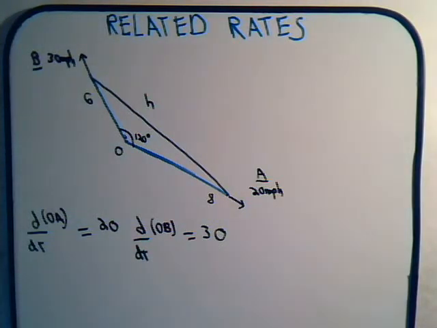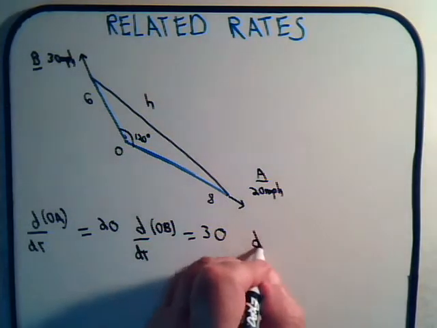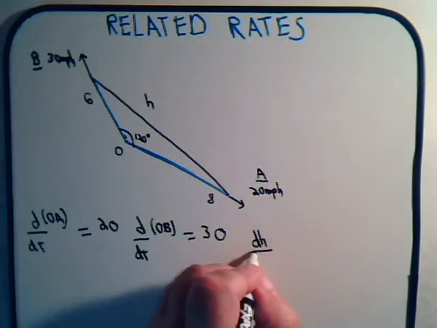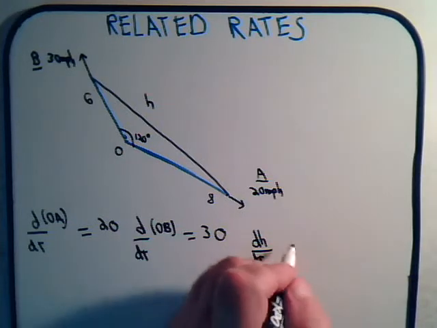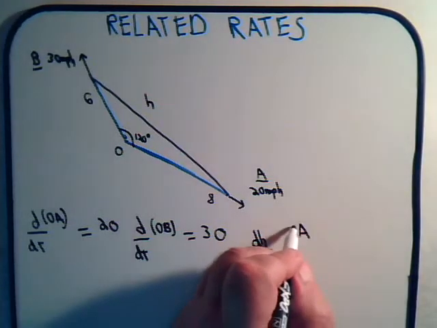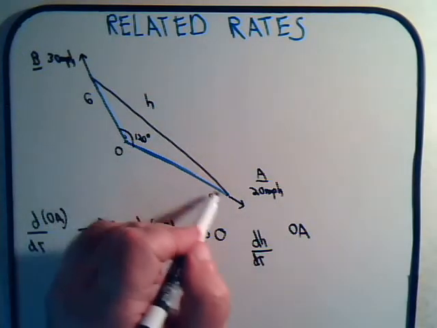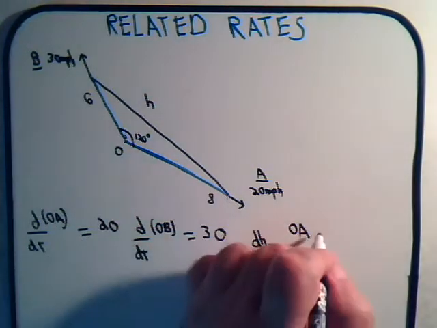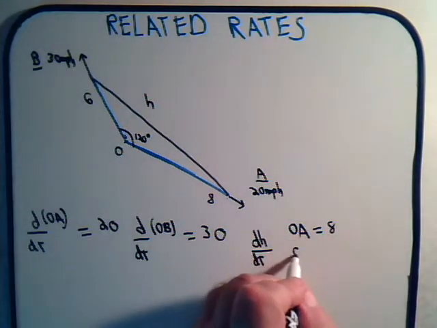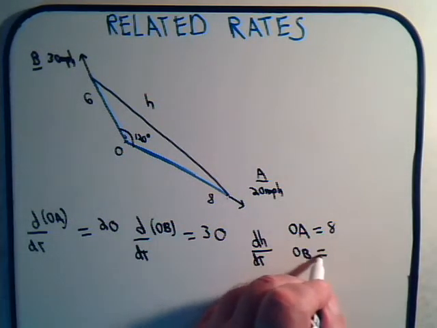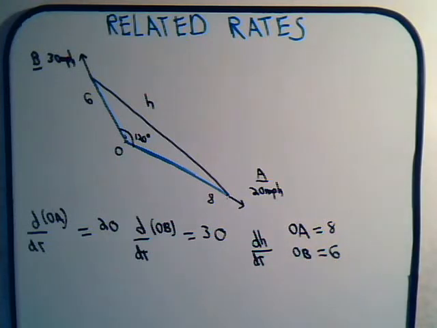And we want to find dh/dt when OA, that's the distance of the ship from the reference point, equals 8 miles, and OB equals 6 miles.